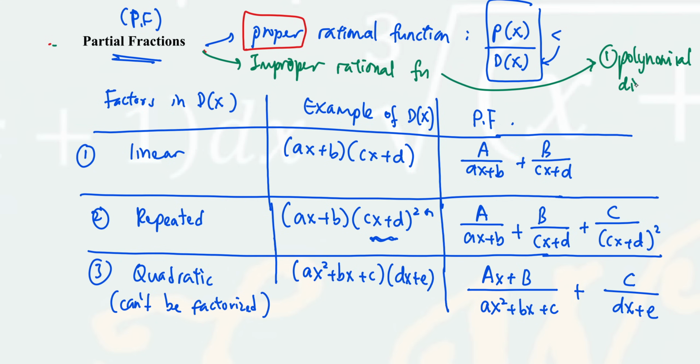Improper means that the degree of x in p(x) is greater than or equal to the degree of x in d(x). That is called improper. The second step is partial fractions, and partial fractions must be applied to a proper rational function. So these are the two cases of partial fractions.